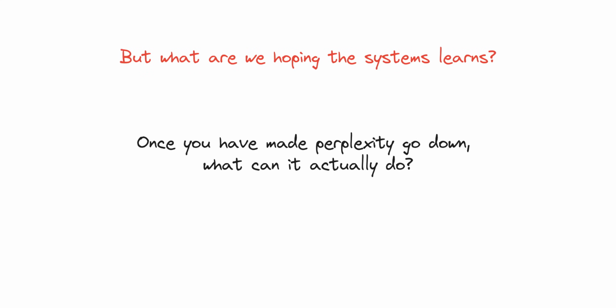And yet, this is still a bit unsatisfactory. We know that these models learn a ton from this pre-training stage, but we're really just relying on the fact that perplexity goes down and therefore all sorts of tasks get better. What people really seem to want to know now is what the models are actually doing. What do they learn, and how come they're able to perform so well on such hard tasks?